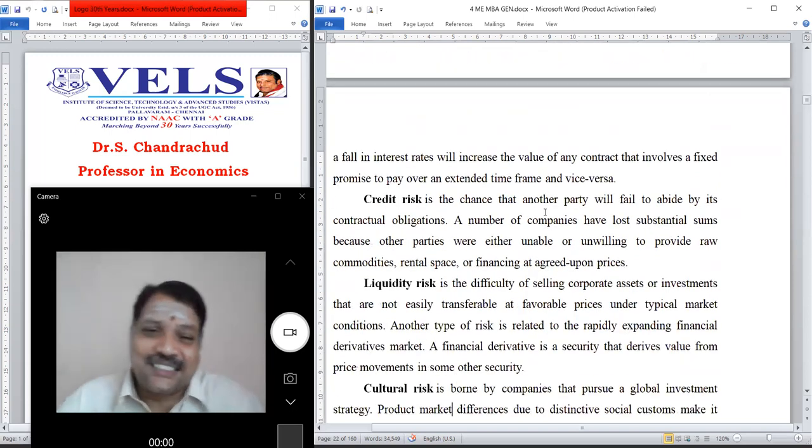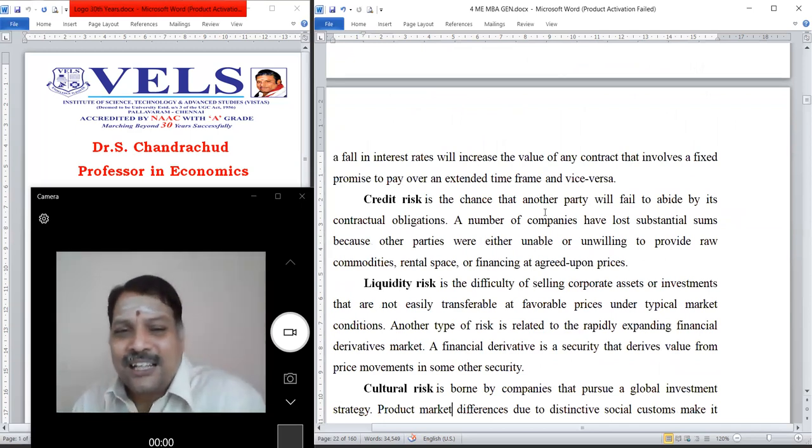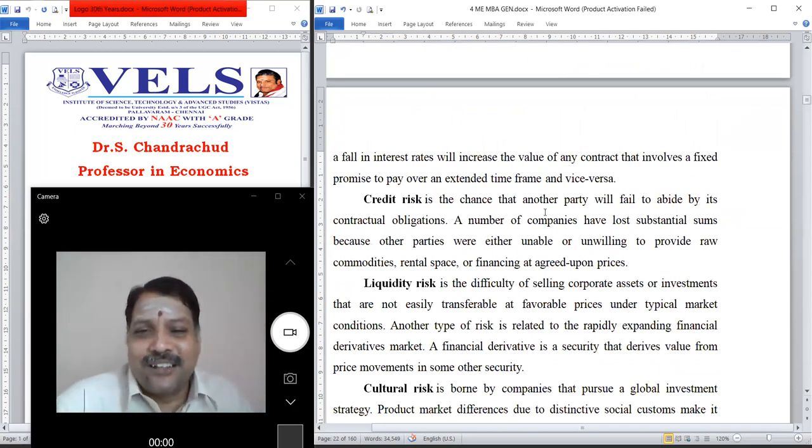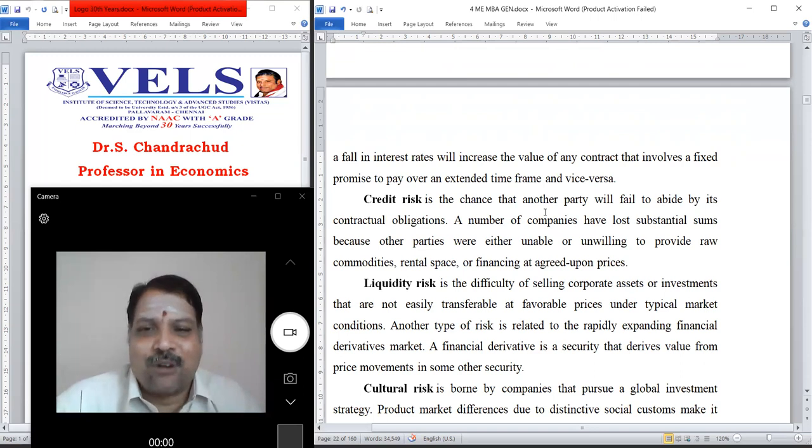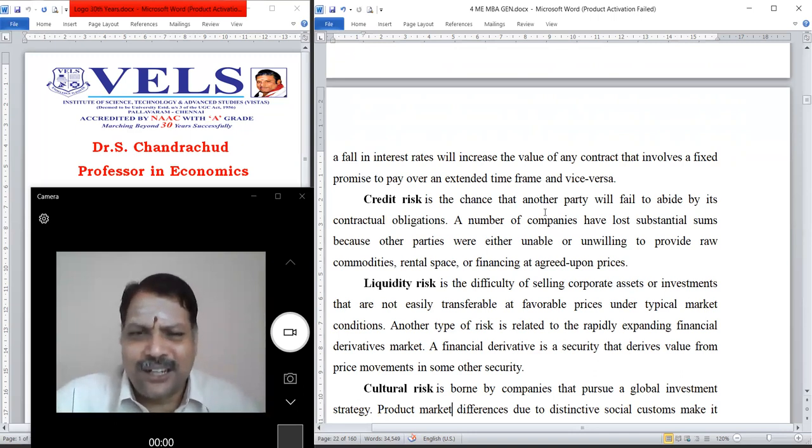One more type of risk is called credit risk. This credit risk is a chance that another party will fail to abide by its contractual obligation. Suppose you are selling a particular product on credit, but he failed to pay that amount in the stipulated time. Almost all the companies face this particular risk. This is the most influencing risk of a business.